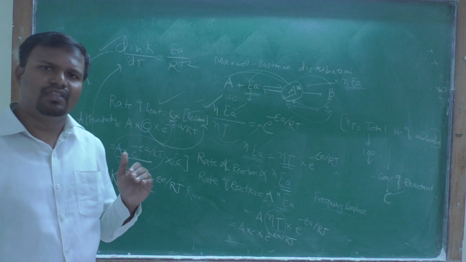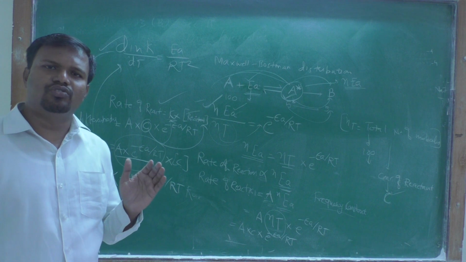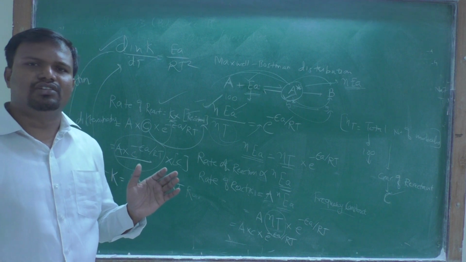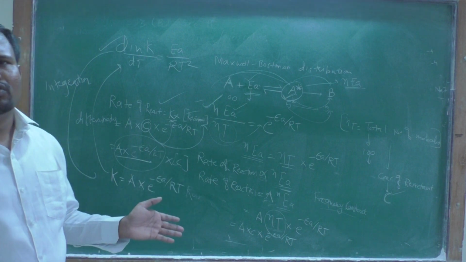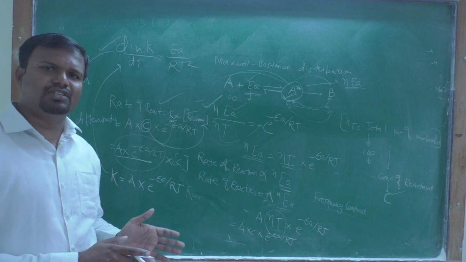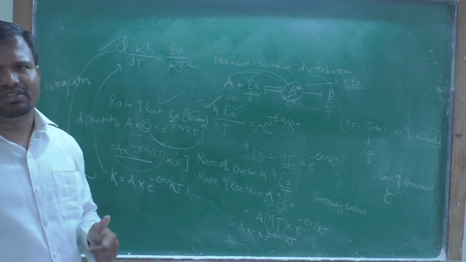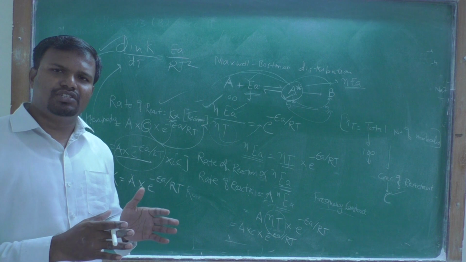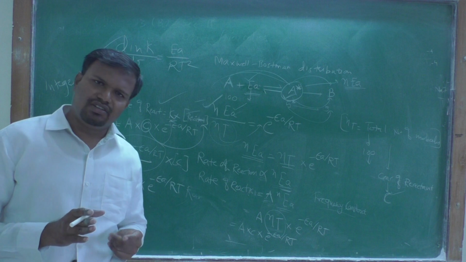We start from temperature: a 10 degree Celsius increase in temperature increases the reaction rate 2 to 4 times. So as temperature increases, the rate of reaction increases, and the rate depends upon the rate constant. When temperature increases, the rate constant also increases, and hence the reaction rate increases.